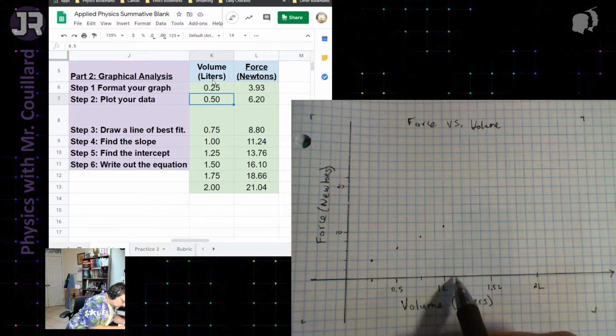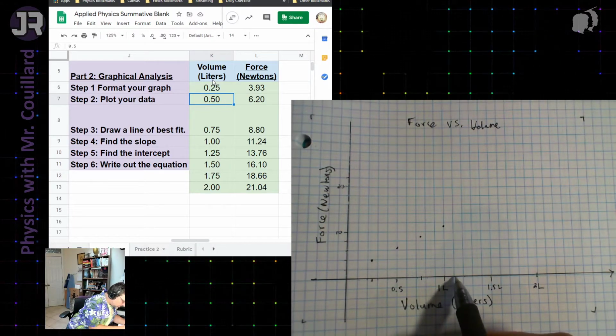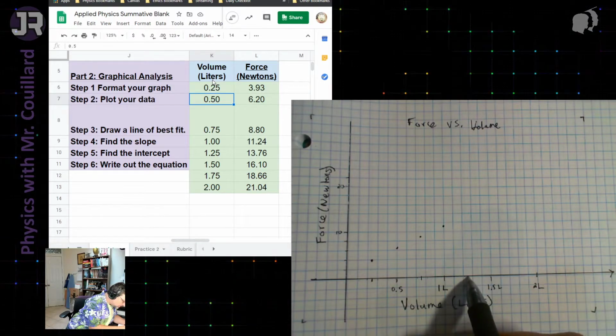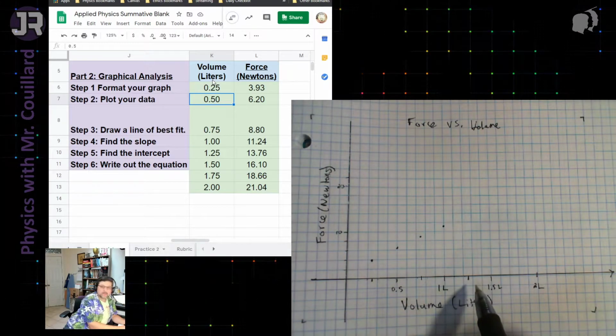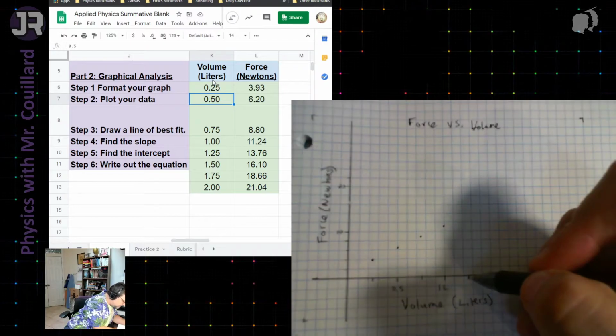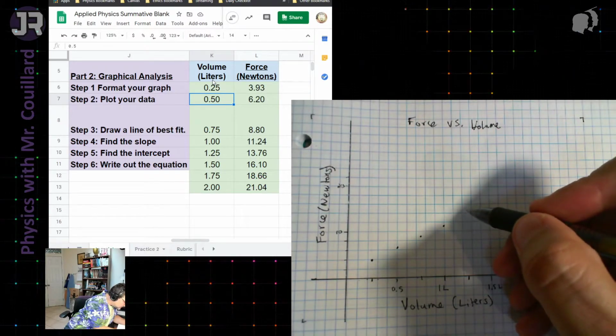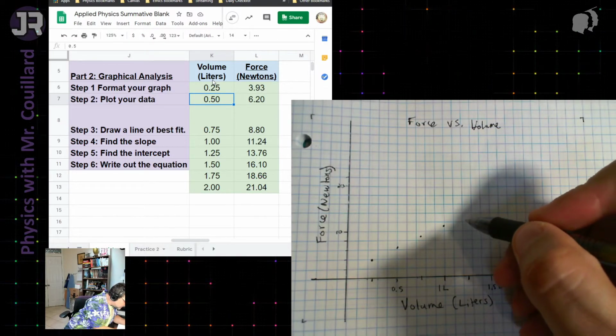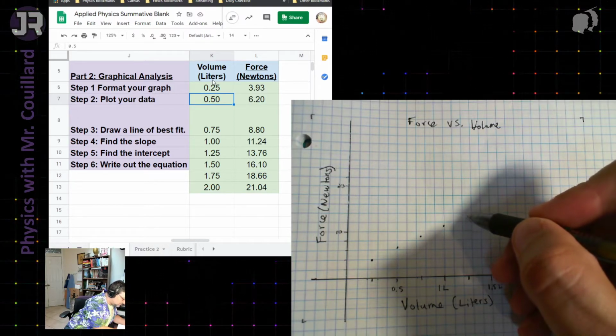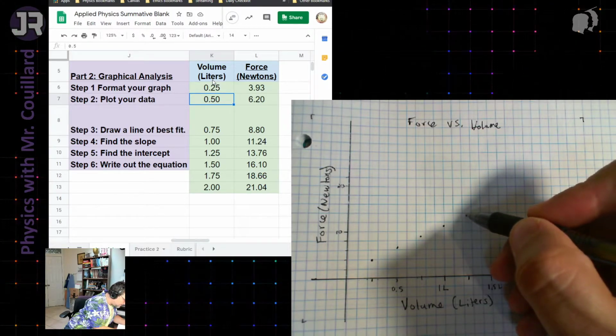So 1.1, 1.2, 1.25 would be the halfway. And we're going up to 13.676. So 10, 12, 14. So between 12 and 14, almost to 14. So right about there.